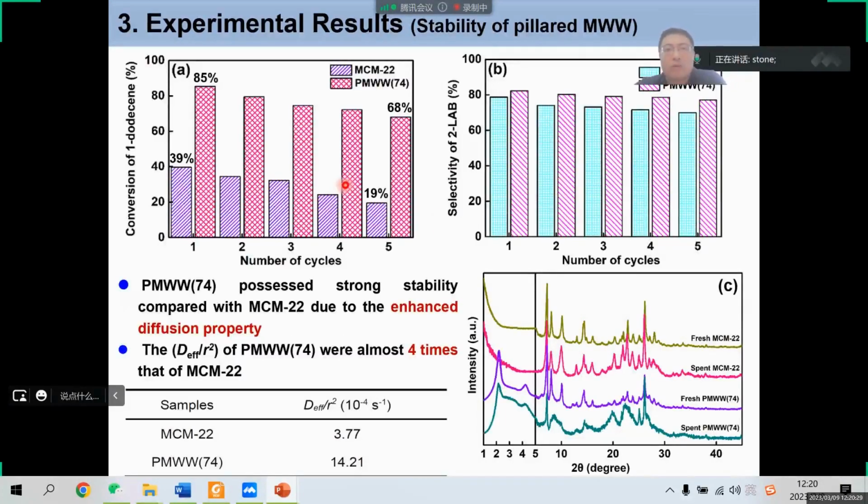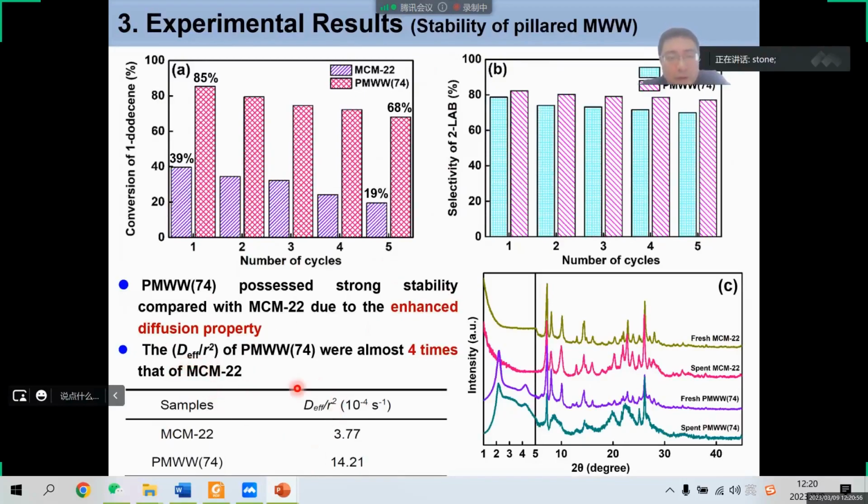We also gave a stability test for the repeated MWW zeolite. From this cycle experiment, we find the repeated MWW zeolite shows strong stability compared to conventional MCM-22 due to enhanced diffusion property. This table also gives the effective diffusion time constant.